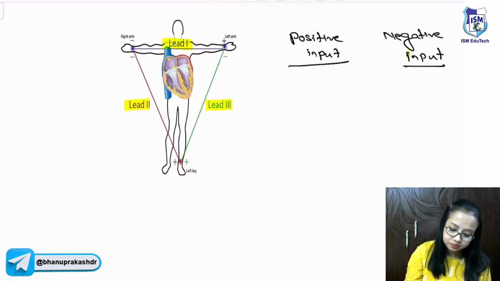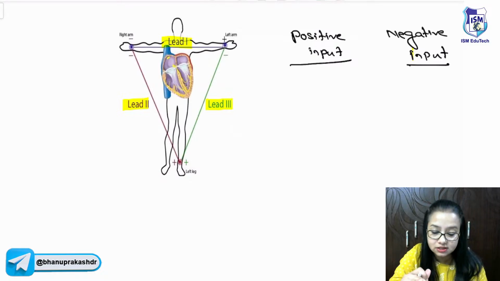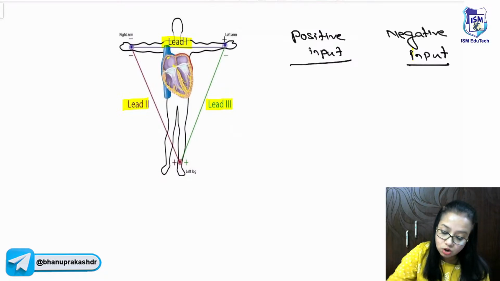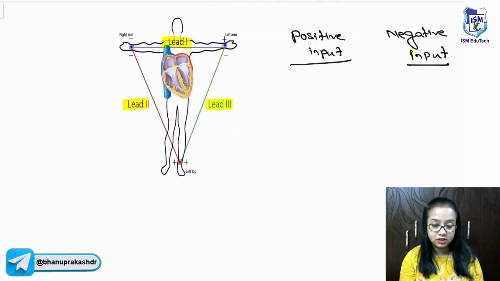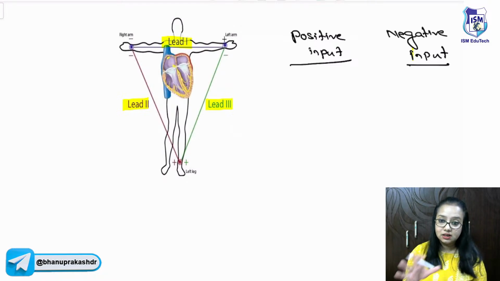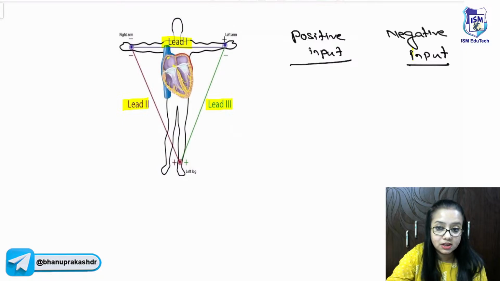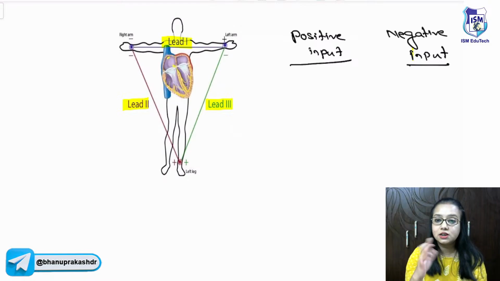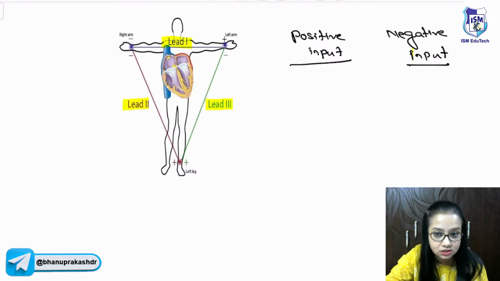So here the whole ideology is that the heart is thought to be the epicenter of the body, which is a volume conductor. This ECG was designed keeping in mind that the body has body fluid, and the body fluid has got cations and anions which act as a volume conductor. The same thing that we mentioned in the start of our series in the general physiology part.